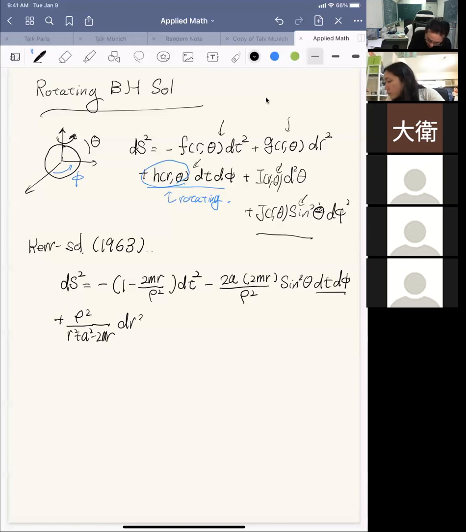While I'm writing this out, keep in mind that this is the solution that describes most of the black holes in the sky, because most of them are carrying angular momentum. So even though the Schwarzschild solution is the most famous solution people are familiar with, it's actually this solution that is more relevant to black hole physics.